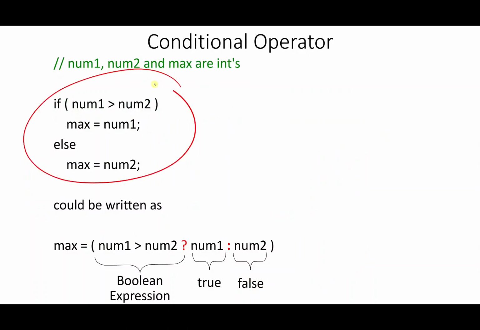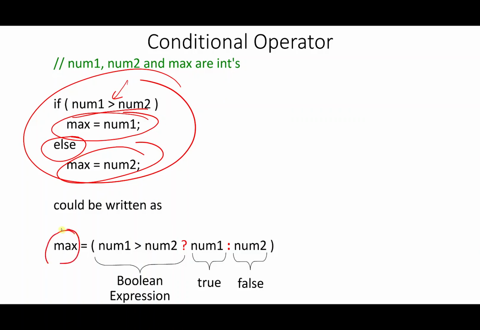So here is something we used to see: if Boolean expression, do something, else, the Boolean expression is false, do another thing. That could be written as max, because as you can see in both statements here, we are trying to assign something to max.